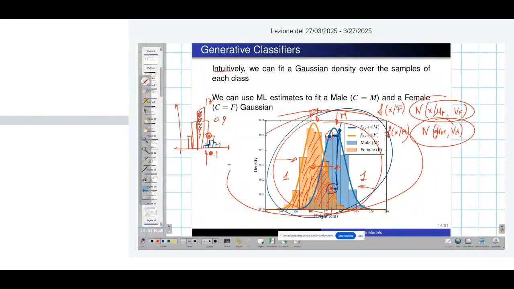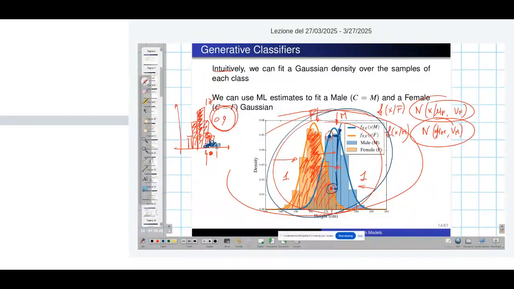Why? Because once I take into account the prior probability, which I can see as rescaling the histogram so that the area below the curve does not represent a unit of the same population, but is proportional to the prior probability of the sample belonging to that class. So the area below here is proportional to the females in my population, and the area below here is proportional to the males in my population.